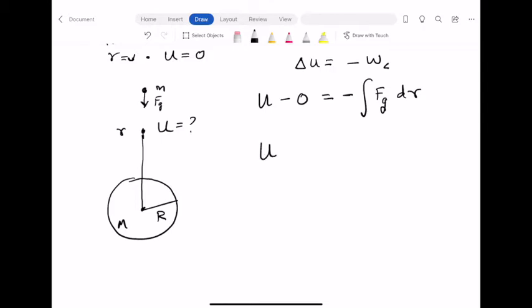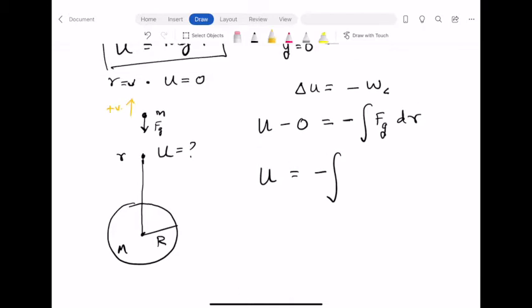So U is equal to minus, what is the gravitational force? Now, if we adopt a sign convention where radially outward is positive, so that would mean the outward direction is positive, then the gravitational force is directed inwards, so it should get a negative sign. And what's the expression for the gravitational force when the mass is at a distance little r from the center of the earth? According to Newton's law of gravity, it will be GMm divided by r squared.